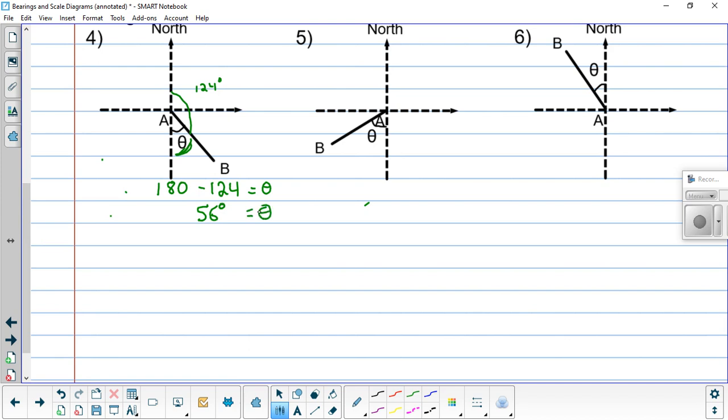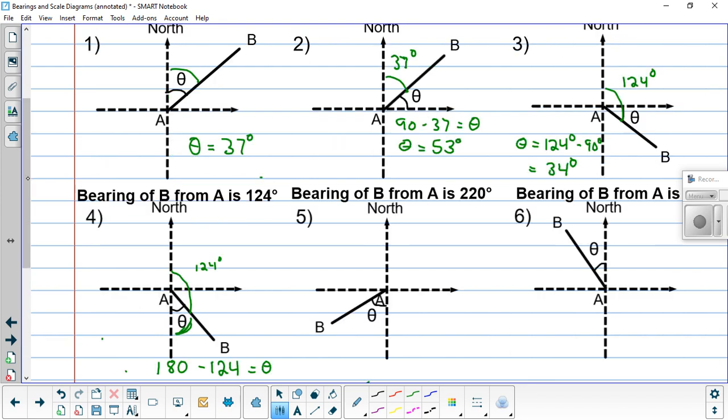Next one we're going over. So we want to figure out theta here, but I can't see our bearings, so we might need those. We know all the way over here is 220. Our closest thing that we know is 180. So we're going to go 220 minus 180, and that'll be our leftover theta.